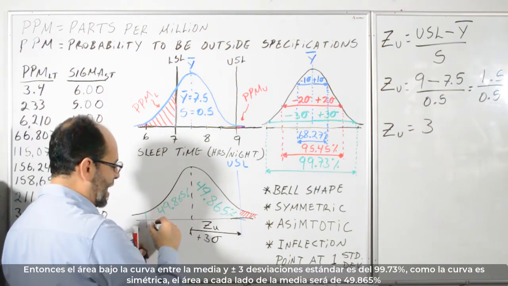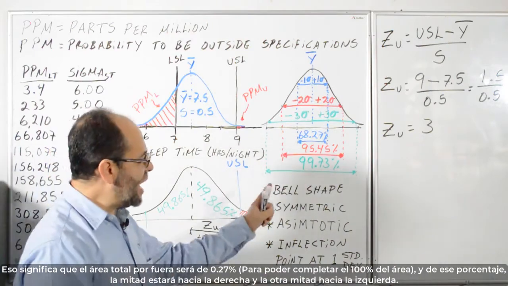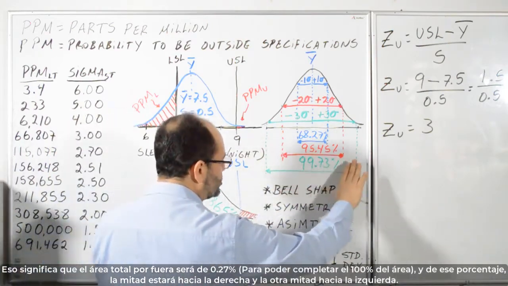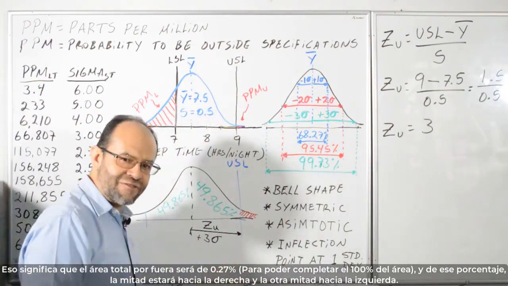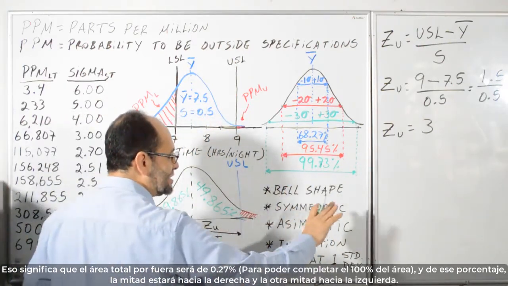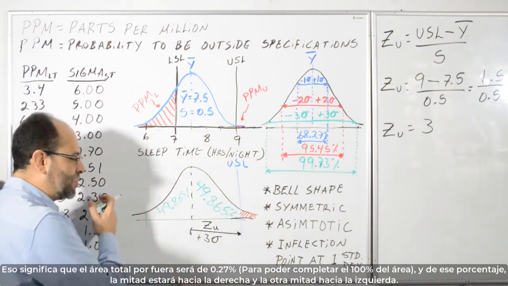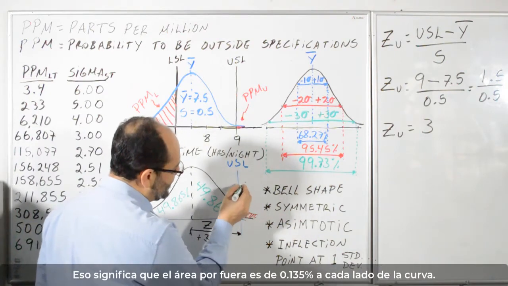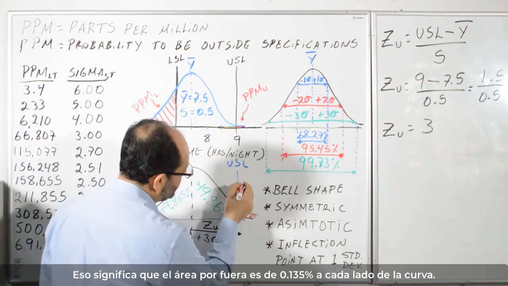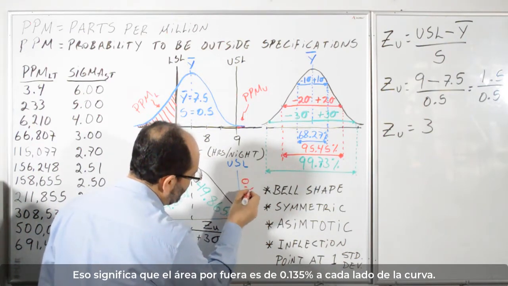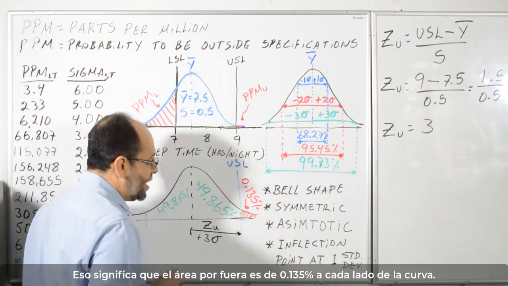That means that the area outside is 0.27%. Of that 0.27%, half will be at the right and half will be at the left. That means that the area here is equal to 0.135%. And that is the area.